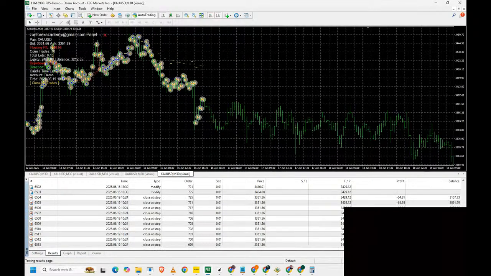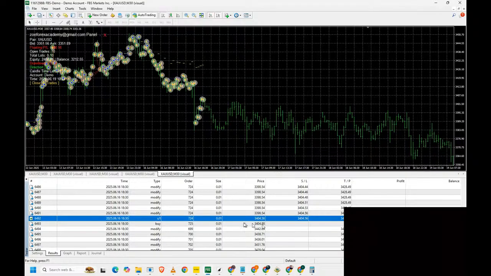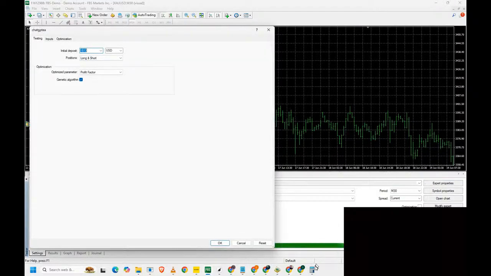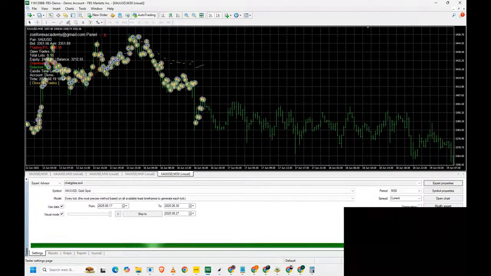When was the date? The date is here on the 16th. So I'll launch the bot on the 17th of June with a starting capital of 2891.29. Okay, so let's see what it can do. Start.